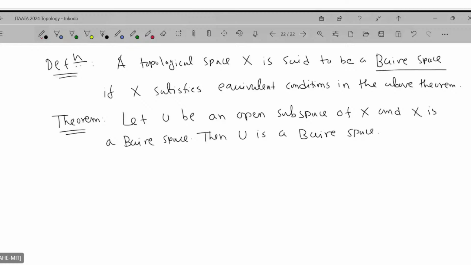Which definition do you want to use? Okay, so that means a countable intersection of dense open sets is dense.